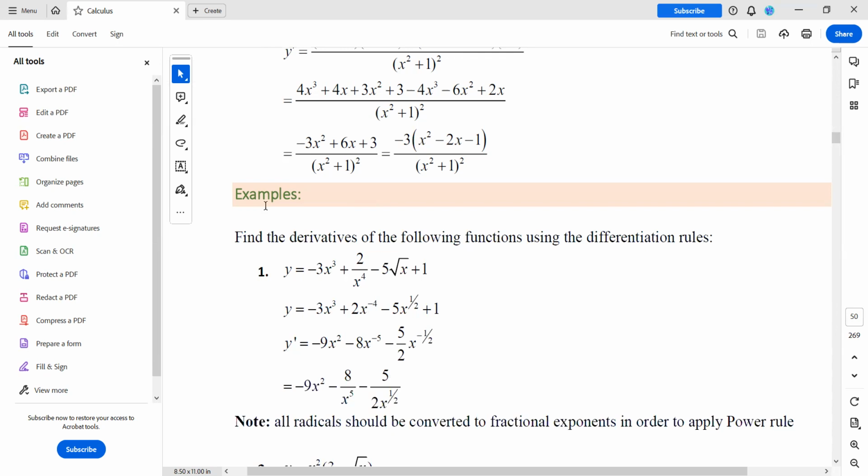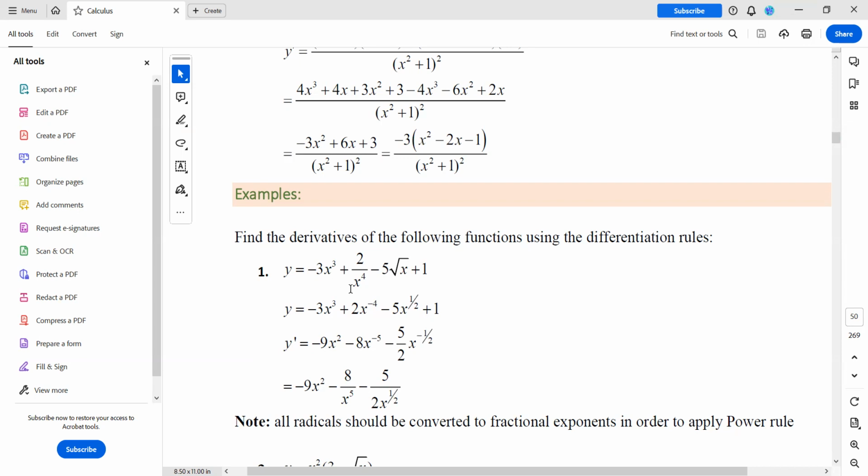So now let's find the derivative for this. It's very easy. To find the derivative for this, what I'm going to do is bring x raised to power 4 to the numerator. So I'm going to have 2x raised to power minus 4. I'm going to change this root x to x raised to power 1 over 2, which is technically the same thing. So I have what?